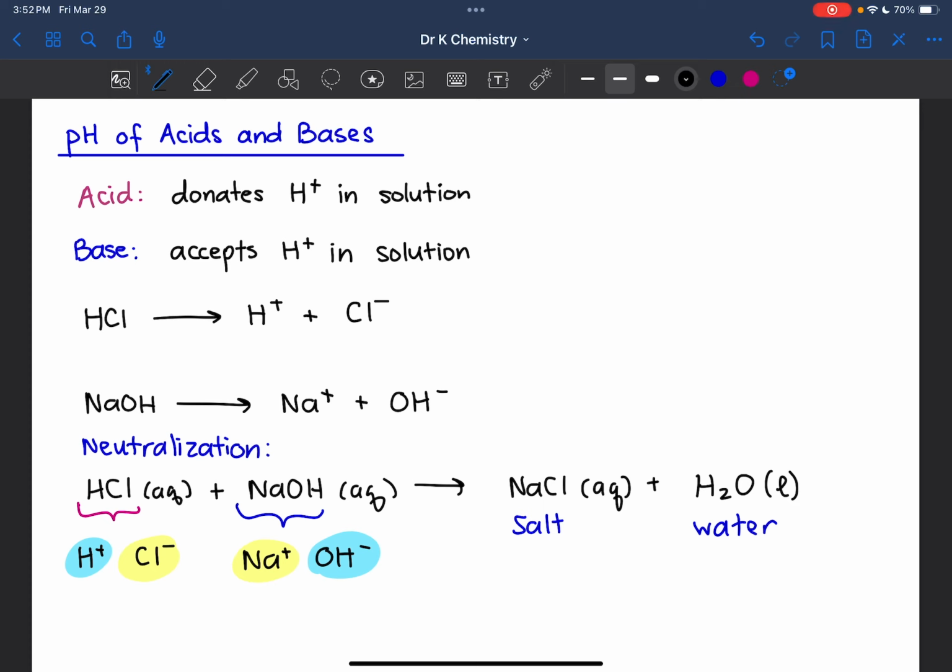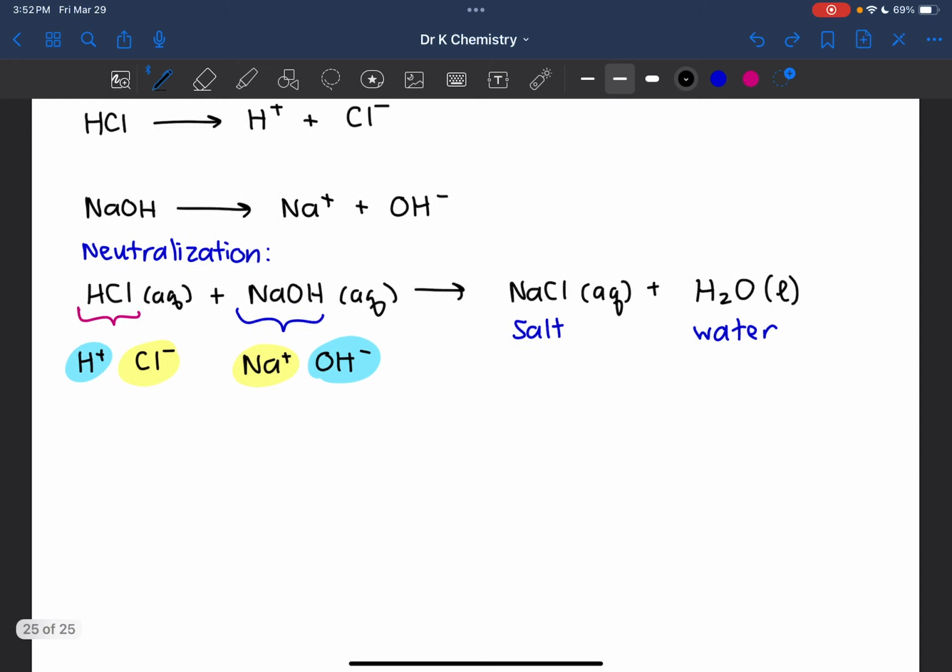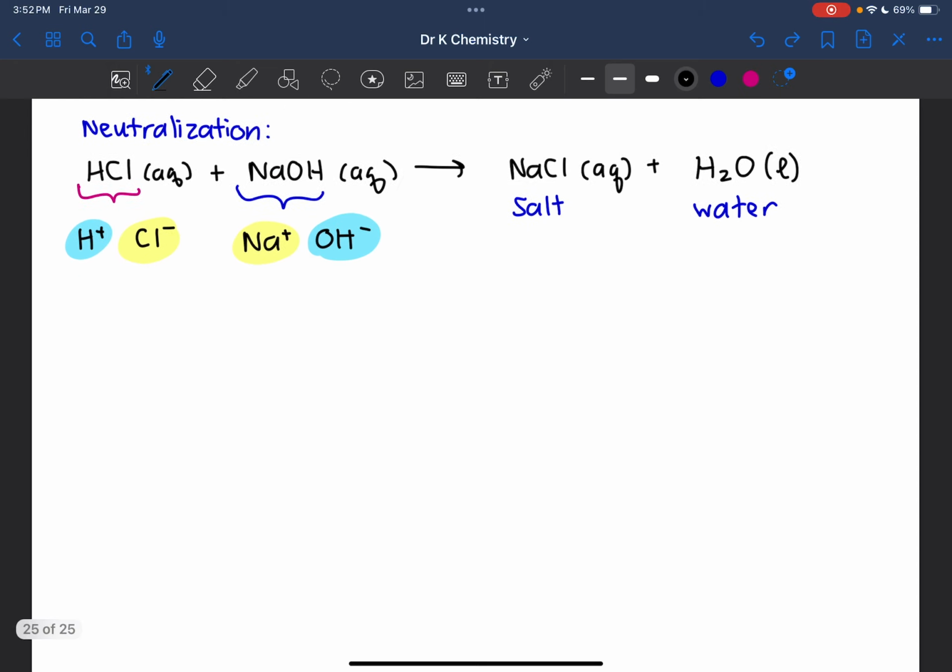So when an acid generates hydrogen ions in solution, we need to know how many hydrogen ions it is generating. What is the concentration? And the way that we measure that is using a concentration that we call molarity, which is abbreviated as a capital M. So if you see capital M, that is a type of concentration.